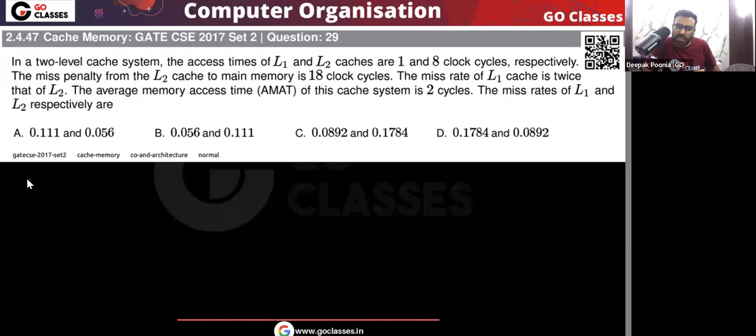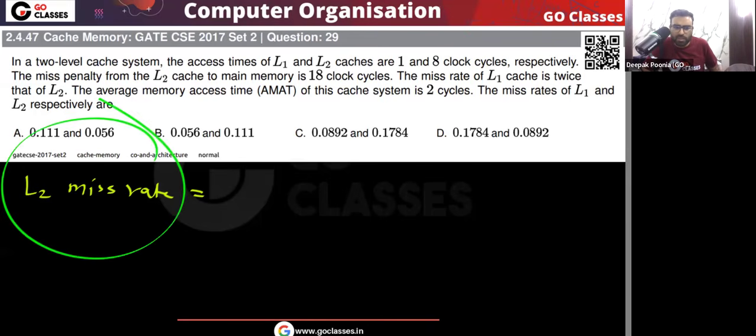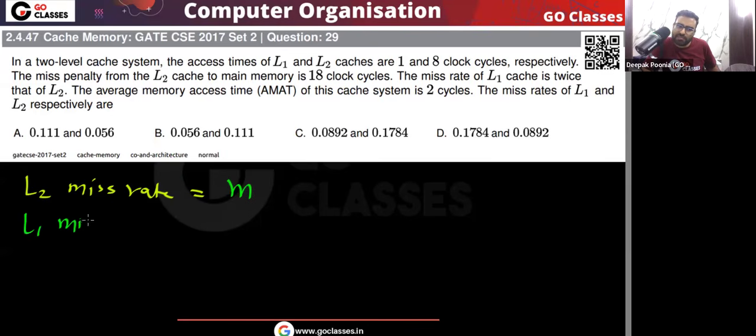Let me assume the L2 miss rate is equal to small m. So what will be the L1 miss rate? The miss rate of L1 is twice that of L2, so the L1 miss rate will be equal to 2m. Correct? Okay, so this is what I've assumed.